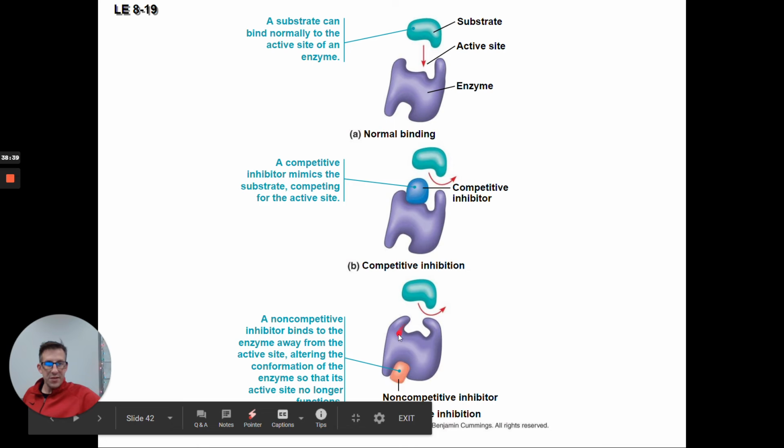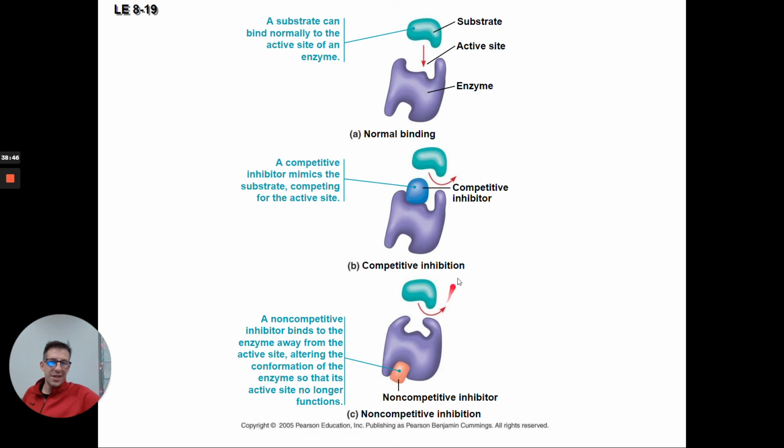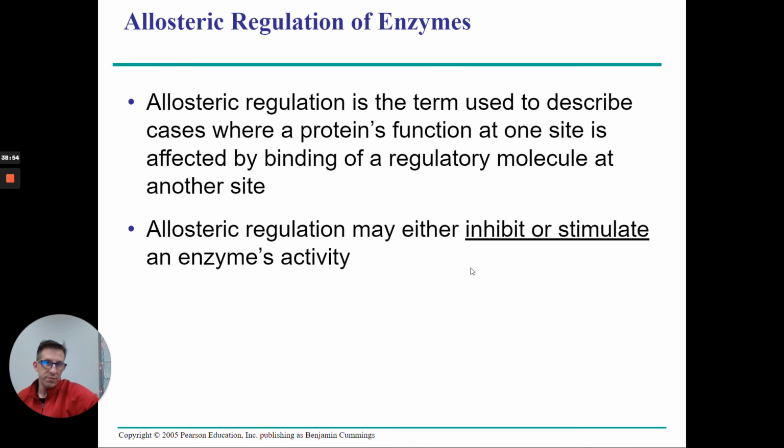And so when that gate is closed, it changes the shape of the active site, making it so that the actual substrate can't bind and then bounces out, okay? So the chemical reaction won't happen. So we're going to talk about a specific example of this one as we work our way through, okay?